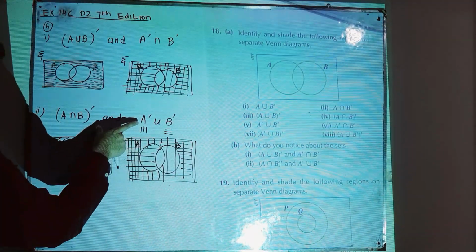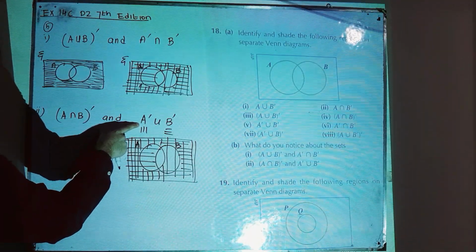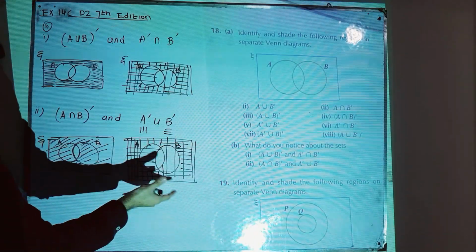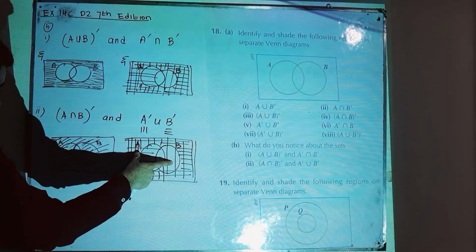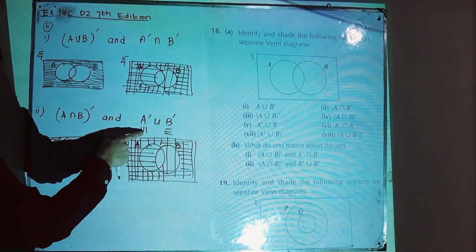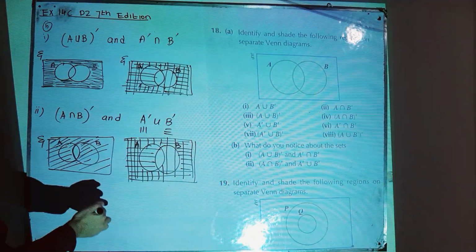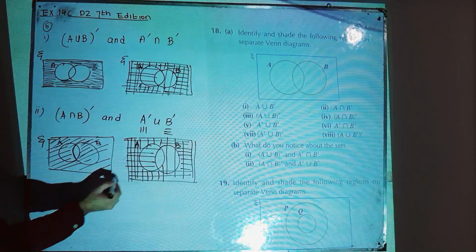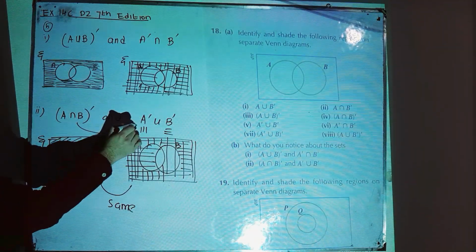Union says the area where you have A complement or B complement or both. Maybe we have A complement over here, maybe B complement, or maybe both. So all the area with single lines and double lines is the answer for this one. So again this area is left behind, so both are the same. So the answers for these are the same.